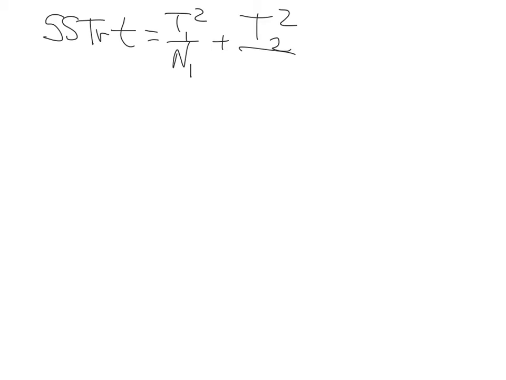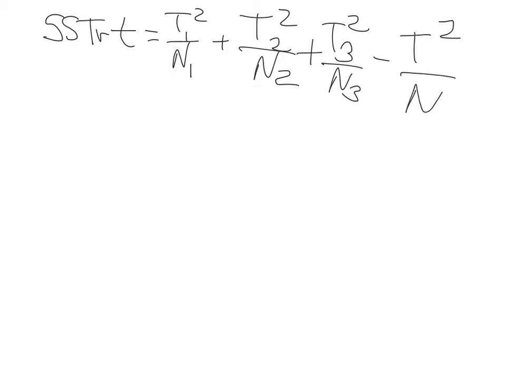So the next thing we have to do is constructing our sums of squares and our table. So we need to get our treatment sum of squares, and that's going to be t1 squared over n1 plus t2 squared over n2 plus t3 squared over n3 minus t with no subscript squared over n with no subscript.